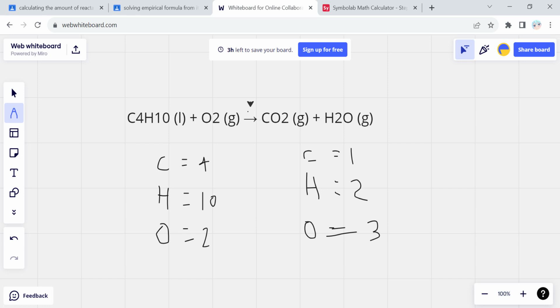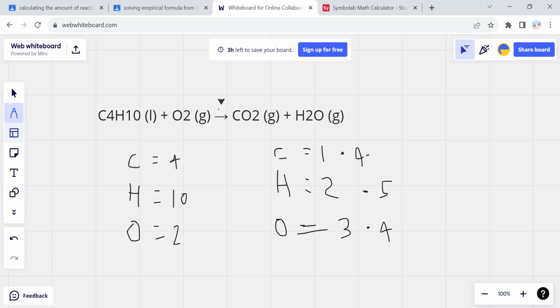If you add 4 here, they will be balanced. If you add 5 here, they both will be balanced.